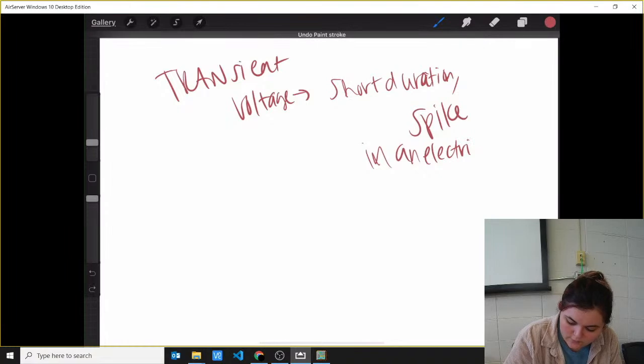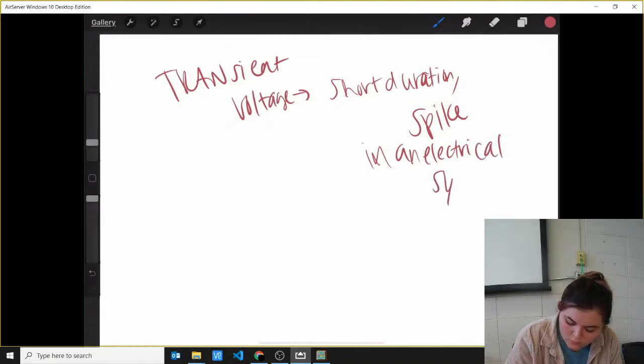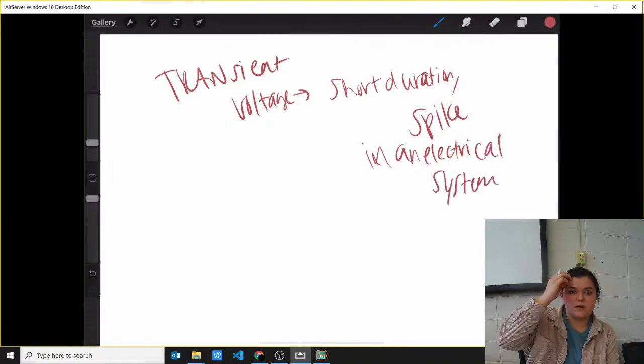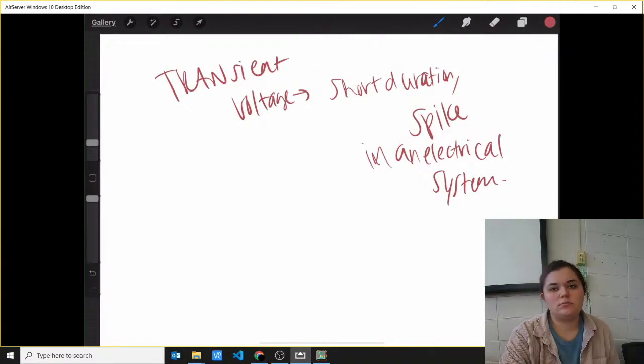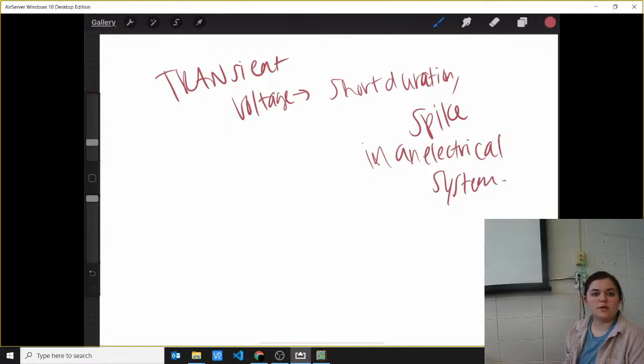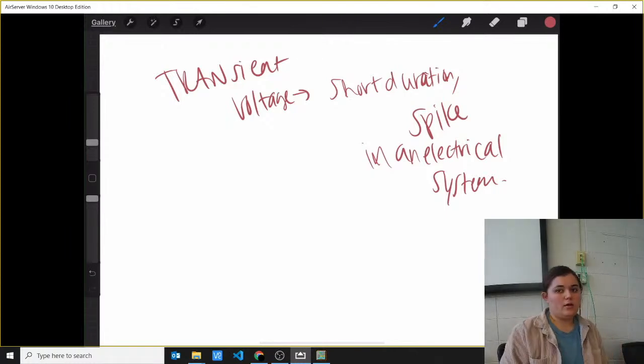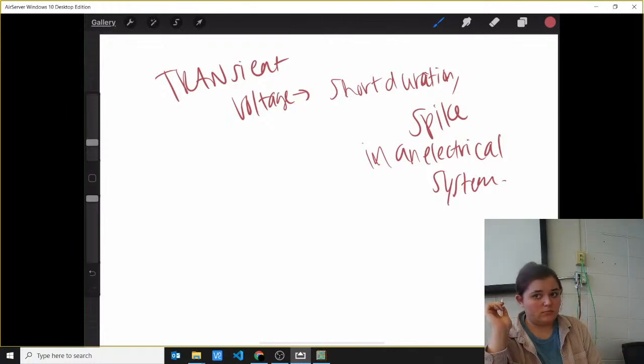To give you an example of what transient voltage might be, say a lightning strike, right? That would be transient voltage because it's a very short duration, quick spike in voltage, but it's enough to damage equipment, right?